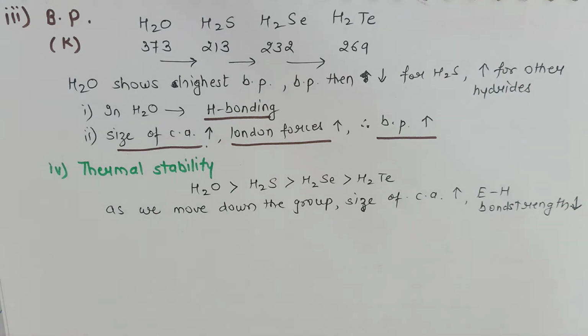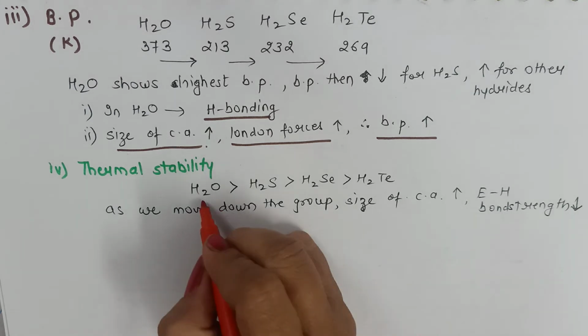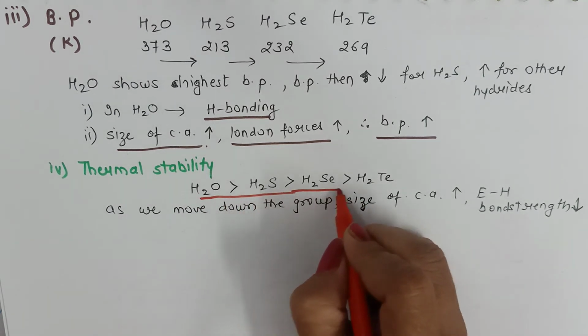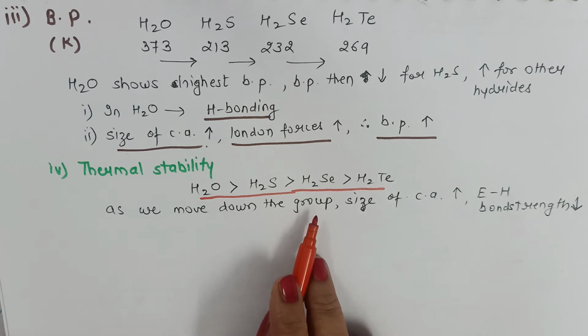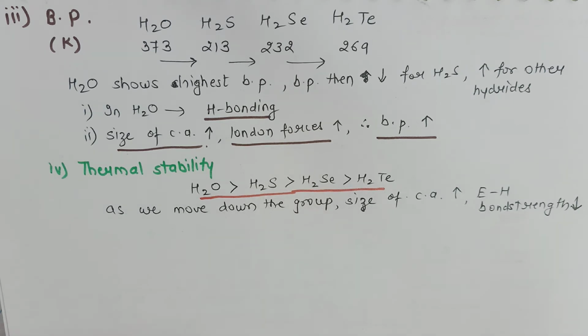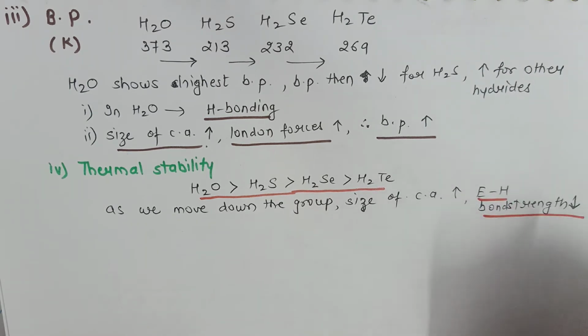The next characteristic is thermal stability. Thermal stability means the stability towards heat, whether on heating the given compound will decompose easily or not. That is what we attribute to thermal stability. Now as we move down the group, the thermal stability decreases. Why? It is because on moving down the group, the size of the central atom increases, the tendency to form a stable covalent bond with hydrogen decreases, and E-H bond strength decreases.